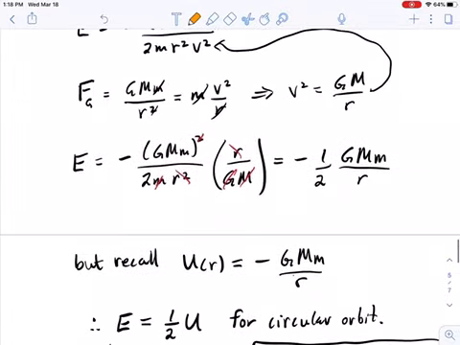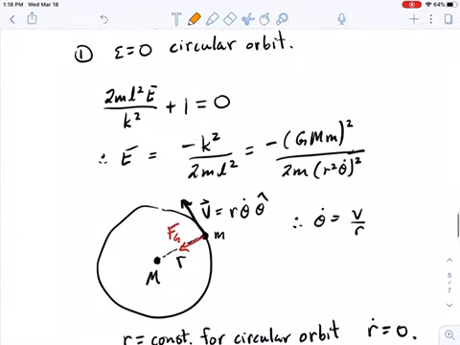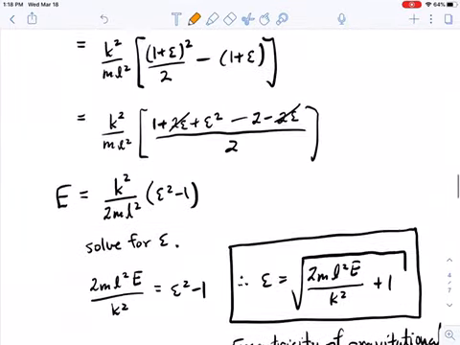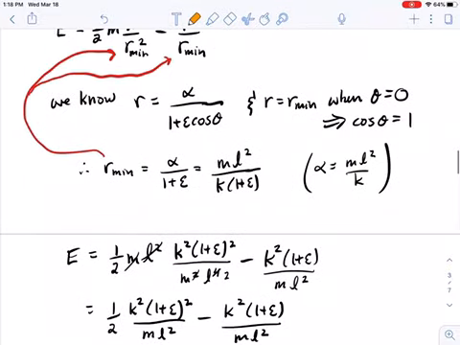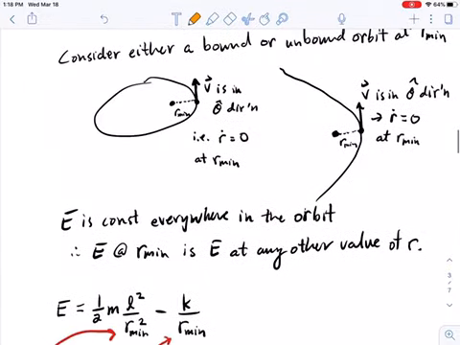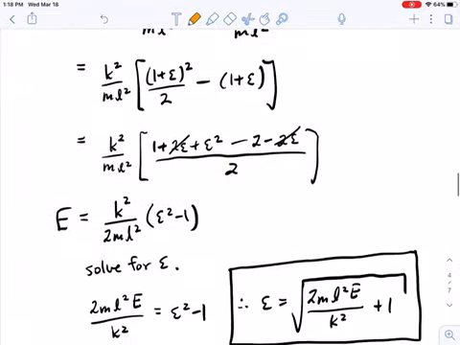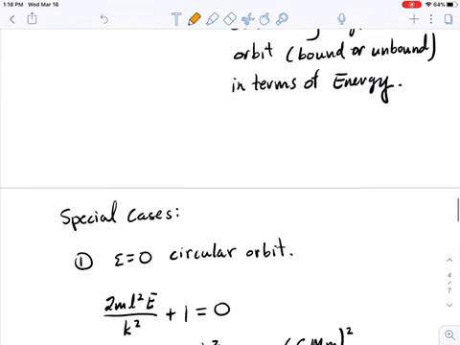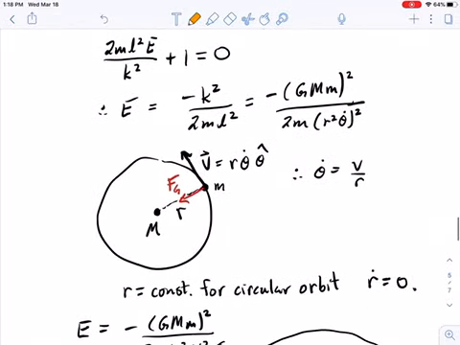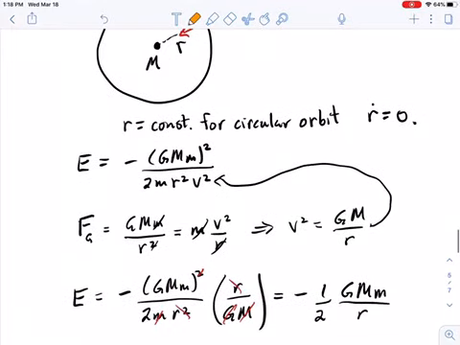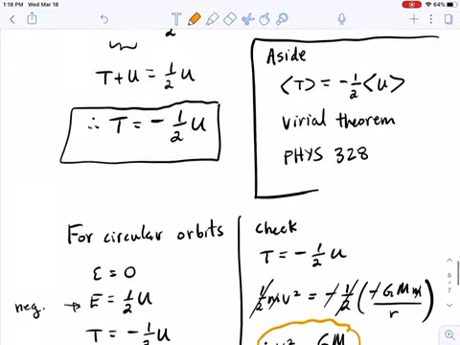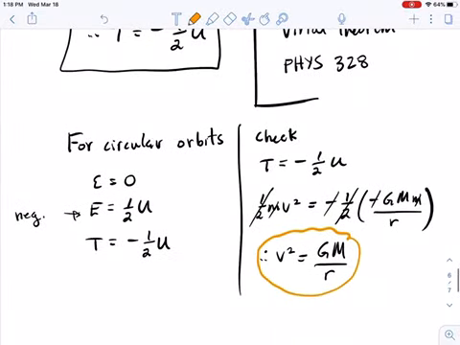So let's see if we can find it. Oh, here it is. So that's consistent with the result that we calculated just a page or two earlier. Okay, good. So that was circular orbits.